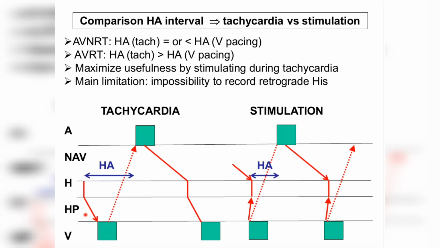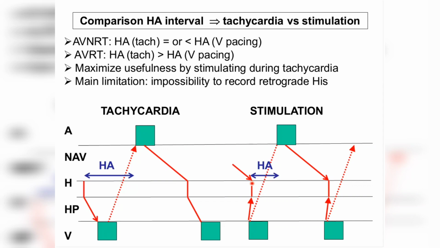Okay, so this series of structures are activated one after the other and provide an HA interval that, as you can see, comparing with the situation during stimulation, you can tell here now that the HA is expected to be much shorter. Now, why is this?